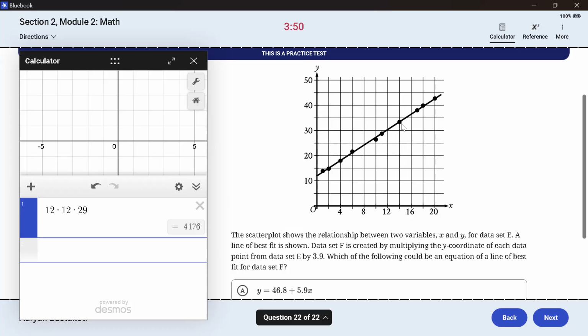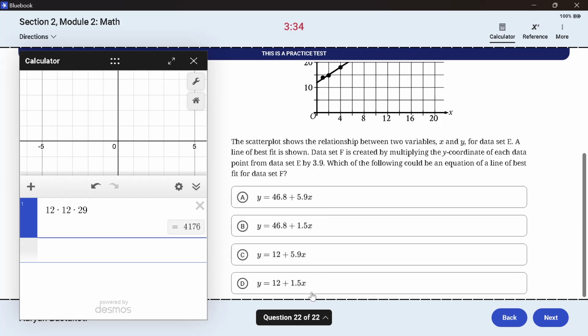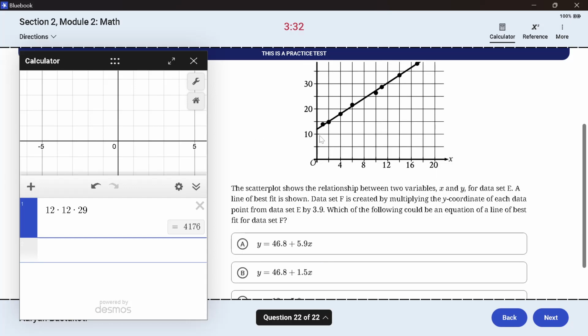First of all, let's find the estimation of this line's slope, or you could easily do it using this point. At x equals 0, if you were to find the y value, it would be around 13.5. And 13.5 times 3.9, right?